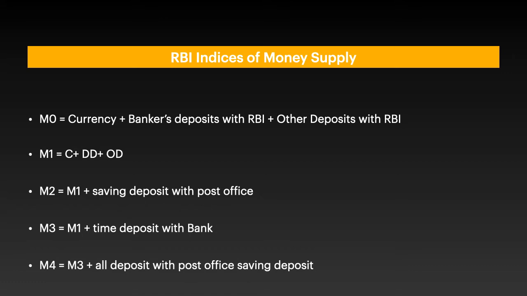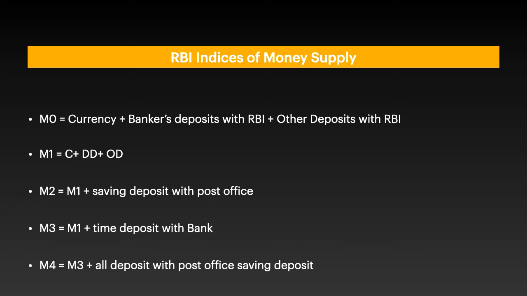Demand deposits include all liabilities which are payable on demand, which includes current account deposits, demand liabilities portion of saving bank deposits, margins held against letter of credit or letter of guarantees, balances in overdue fixed deposits, which means the fixed deposit has already matured but the depositor hasn't claimed it as of now, cash certificates and recurring deposits, outstanding telegraphic transfers, mail transfers, demand drafts, unclaimed deposits, credit balances in the cash credit account and deposits held as a security for advances which are payable on demand.